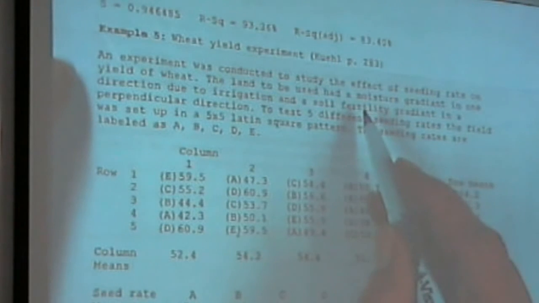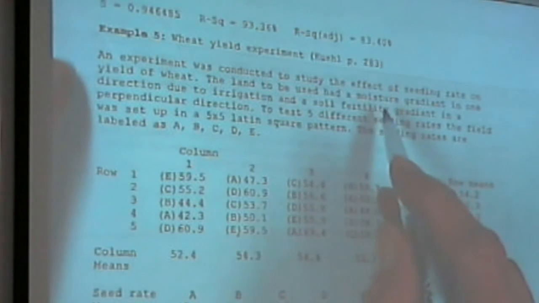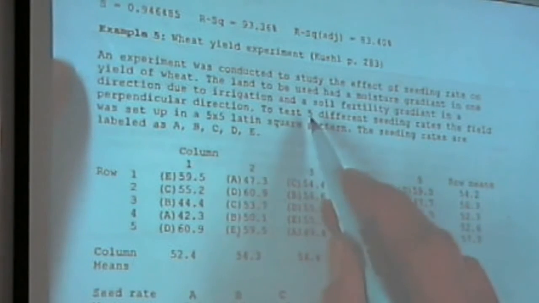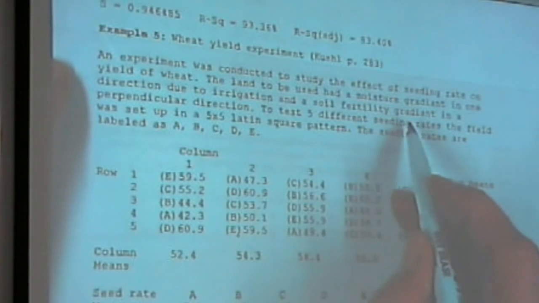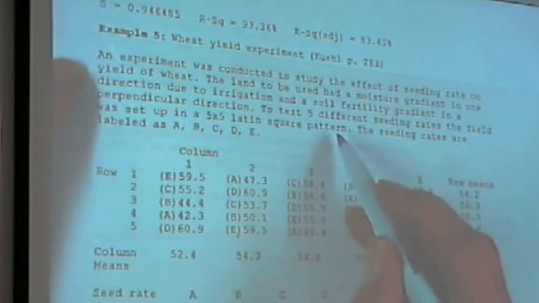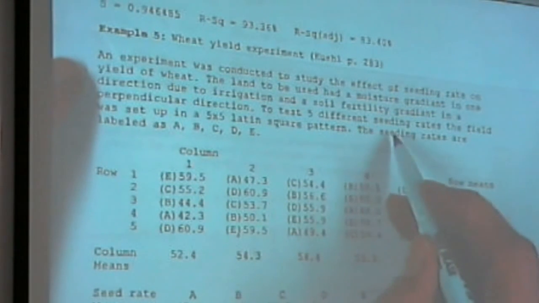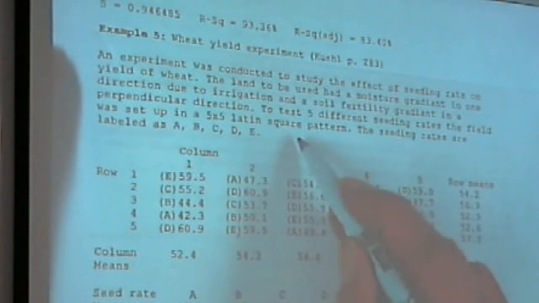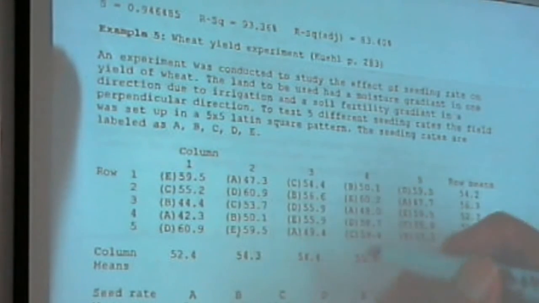So the land that we're going to use to plant the wheat has a moisture gradient in one direction due to irrigation and a soil fertility gradient in a perpendicular direction. And so we want to test 5 different seeding rates. The field is set up to a 5x5 Latin square pattern.